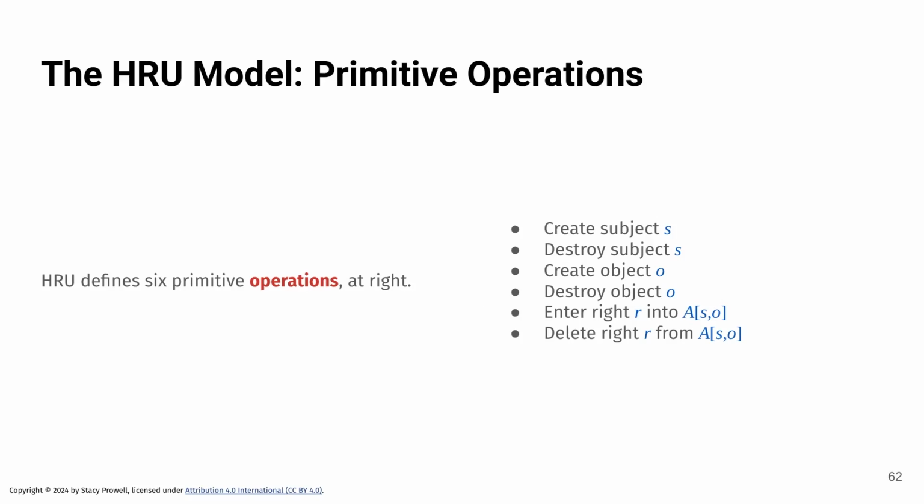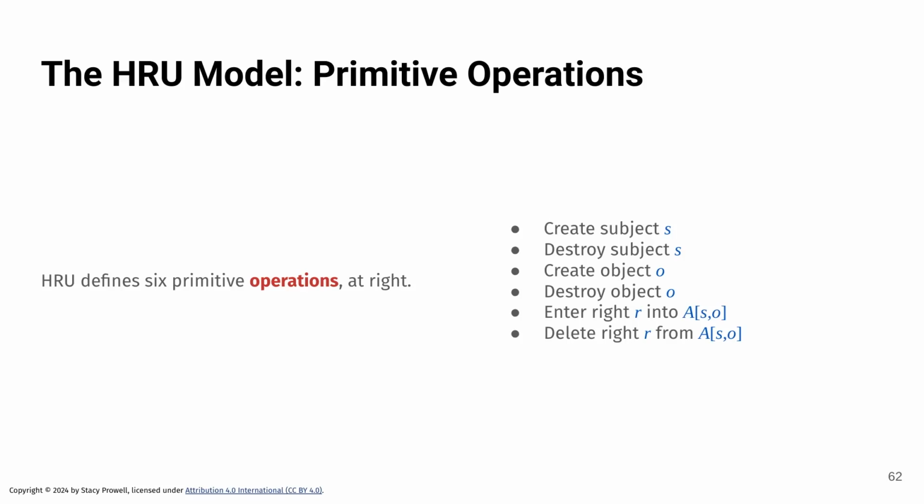So you remember Graham-Denning had these 8 primitive rights. Well, HRU defines 6 primitive operations. Create and destroy an object or a subject, enter a particular right into the access matrix, or delete a right from the access matrix. And that's all you need.